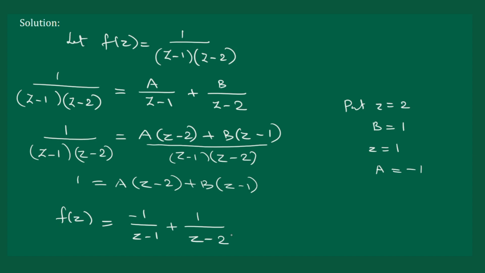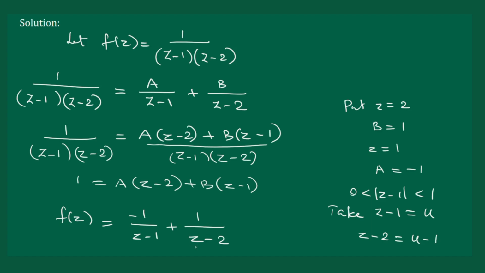Before using this, we can take z minus 1 as u, because we have to do the expansion which is valid in the region given in the question, 0 less than modulus of z minus 1 less than 1. So this z minus 1 can be replaced as u, and z minus 2 can be written as u minus 1.